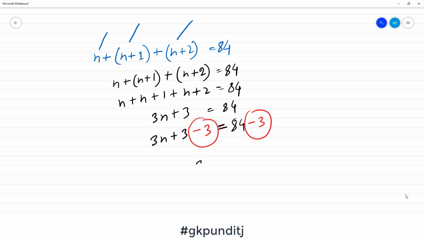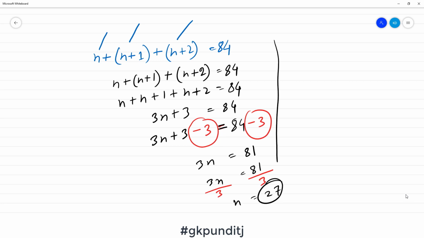So here we get 3n equals 81. Now we just need to divide by 3, both sides divide by 3, and here we get n is equal to 27. Now we have the value of n, that is 27.